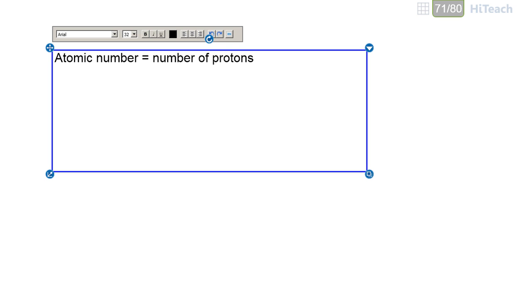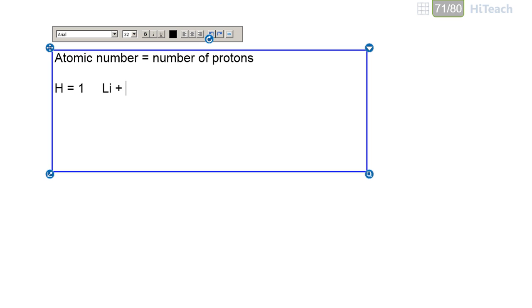You have to keep in mind, each element has its own number of protons. You can't find two different elements that have the same number of protons. For example, the atomic number of hydrogen is 1, which means it has only one proton, because we said the atomic number is the same as the number of protons. Lithium is another element.